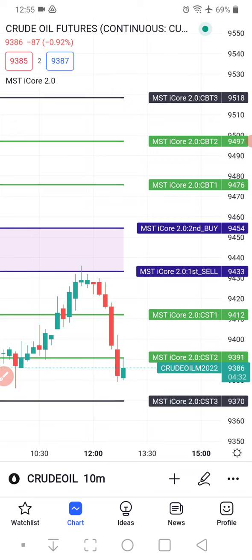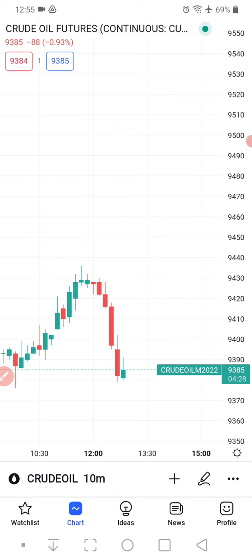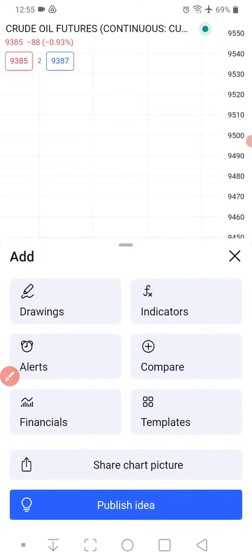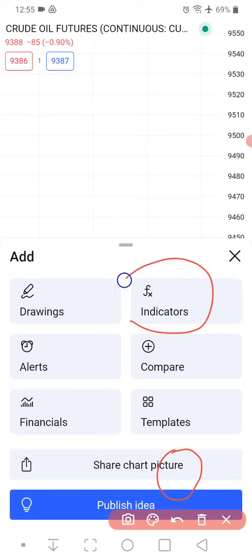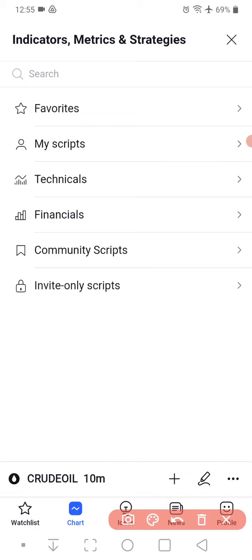One more thing I wanted to explain. Suppose this indicator is not with you and you have newly subscribed. How to add the indicator? Come here and press this plus button. After that you will get a list of settings. Now click on indicators. After clicking, you will get various options. Now click on the invite only option.